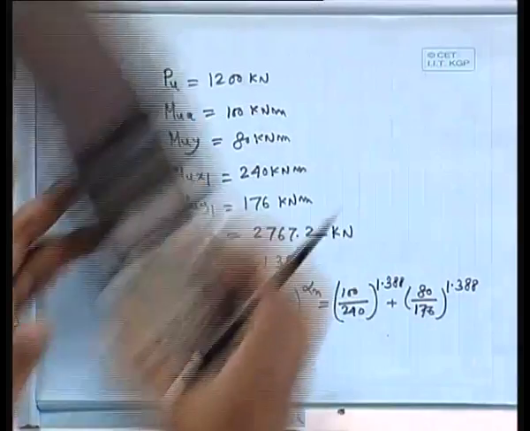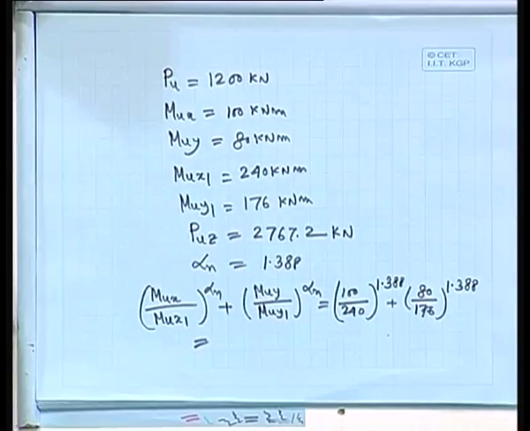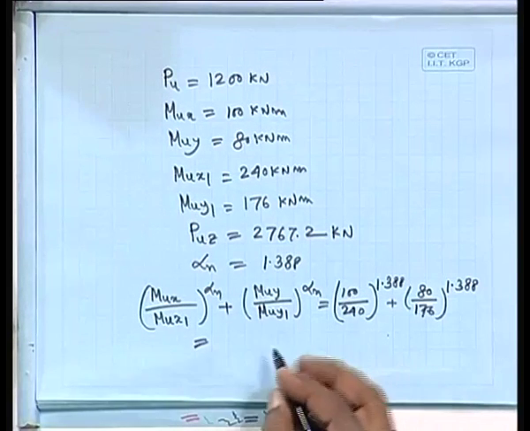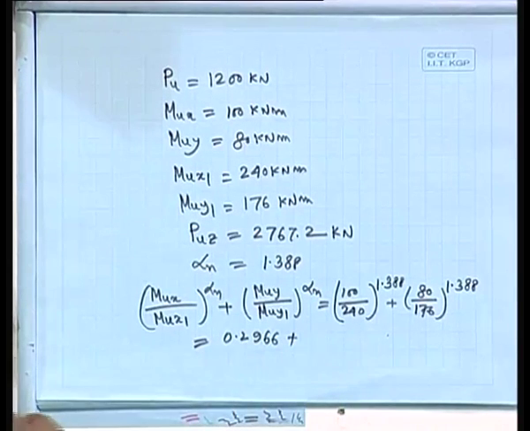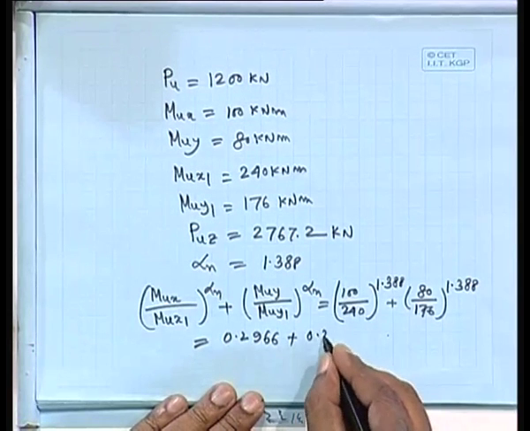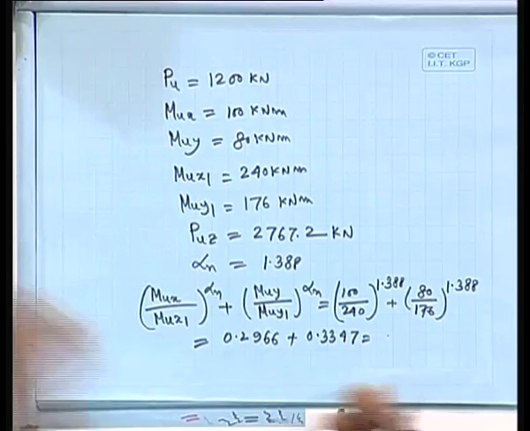Let us find out how much we are getting. 100 divided by 240. So the first part I am getting here 0.2966 plus 80 divided by 176, 0.3347.